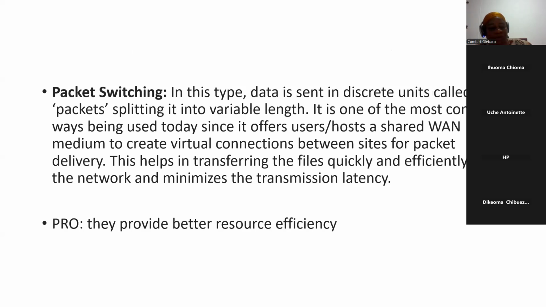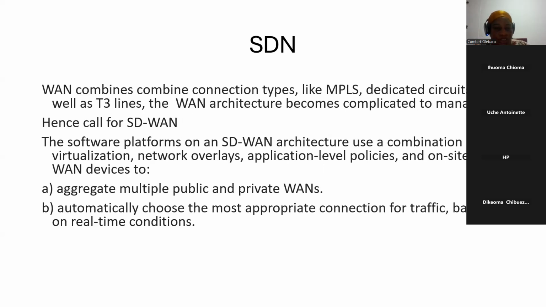But in terms of resource management, it is not really that efficient. Then we have packet switching, which is what is in vogue now. We talked about packets and how data is moved through the network in the form of packets. This is what we actually use presently, and there is resource efficiency in packet switching.